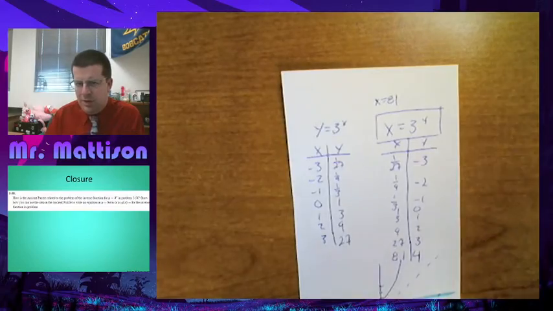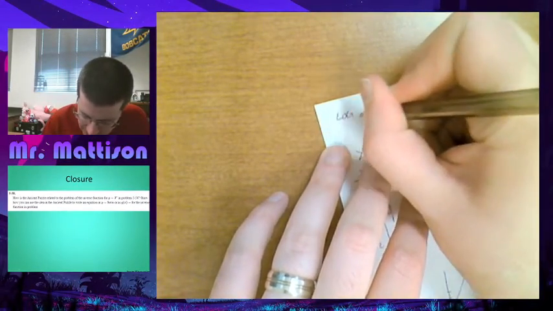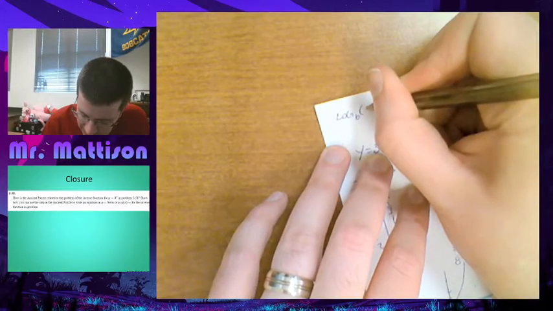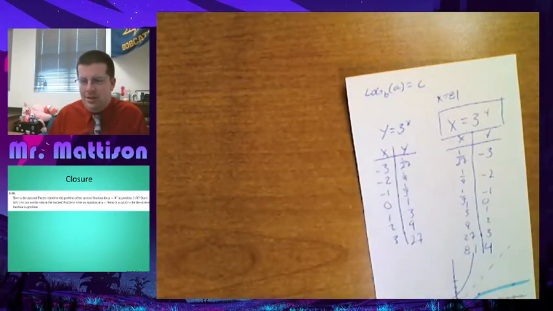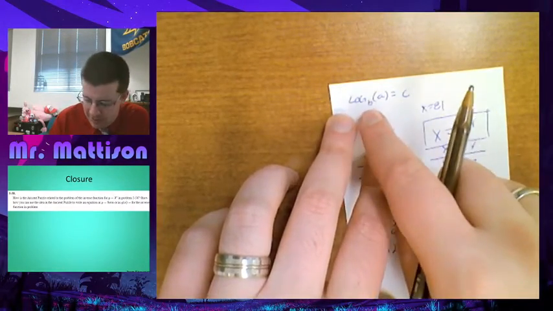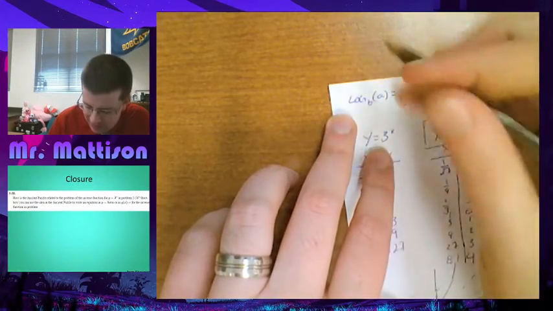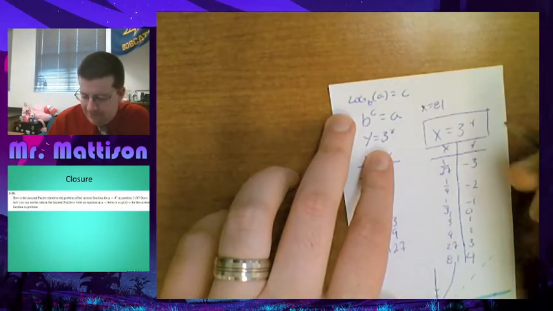With all of those patterns, I'm going to do the general case. I'm going to say log base b of a equals c. If I wanted to write this as an exponent, the pattern we saw was this raised to this equals this. So b raised to the c equals a.